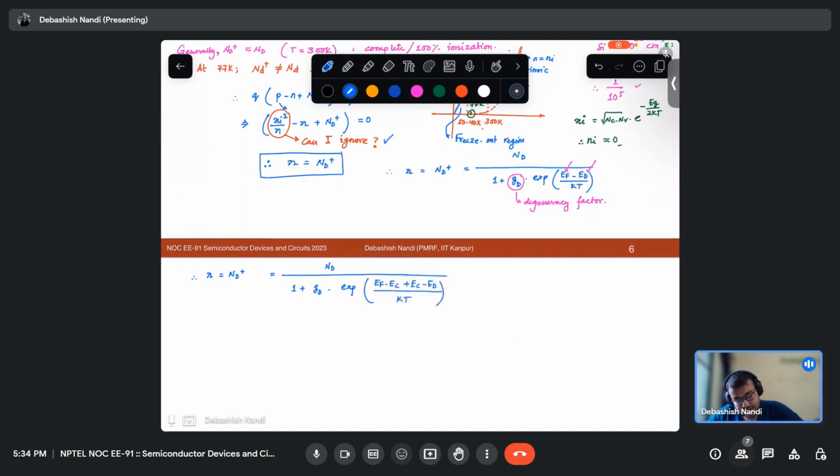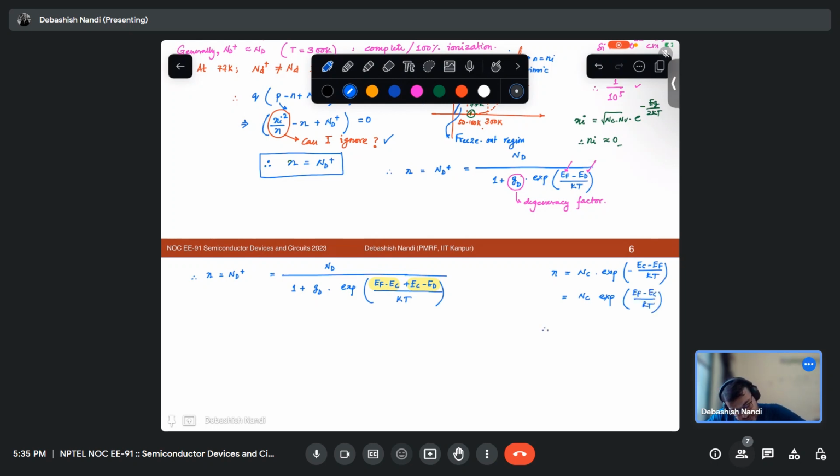Because I know this value. And for this part, note that N equals Nc exponential minus Ec minus Ef over Kt, right? That is nothing but Nc exponential Ef minus Ec over Kt.